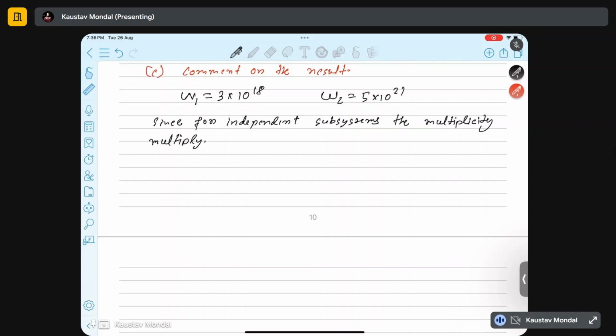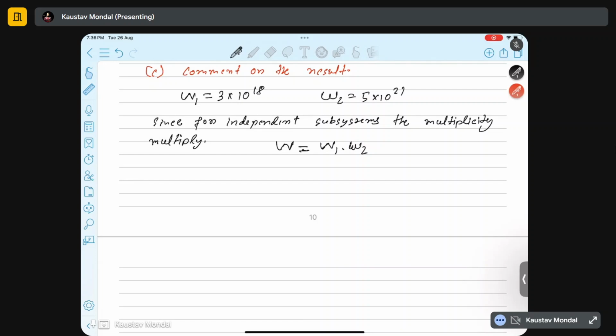The W of the whole system is the product of W1 and W2, provided both subsystems are independent of each other.